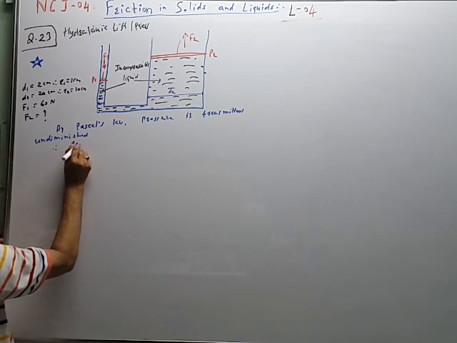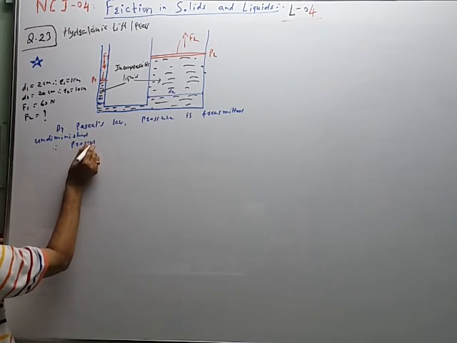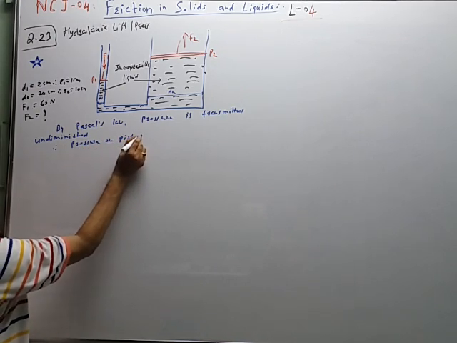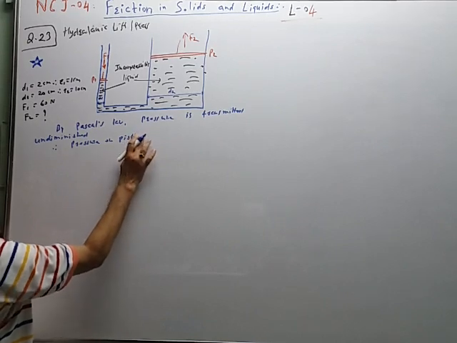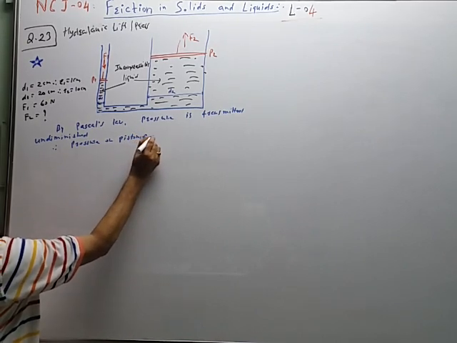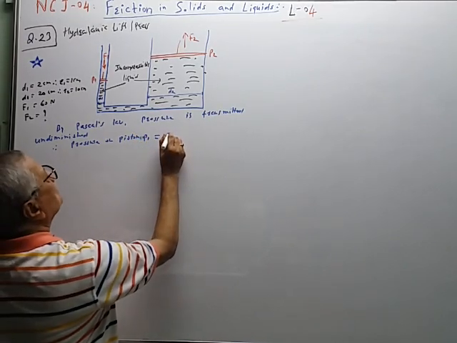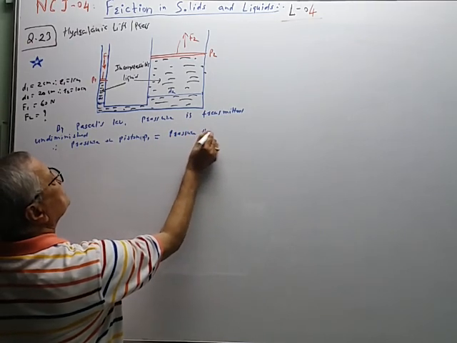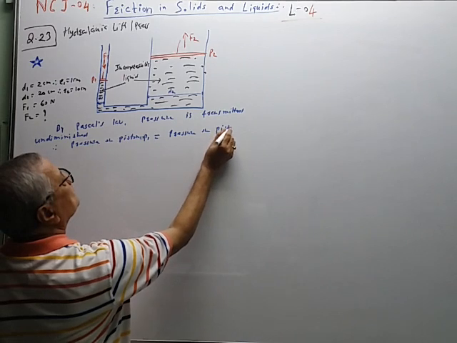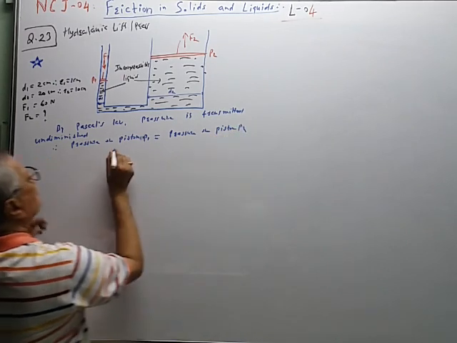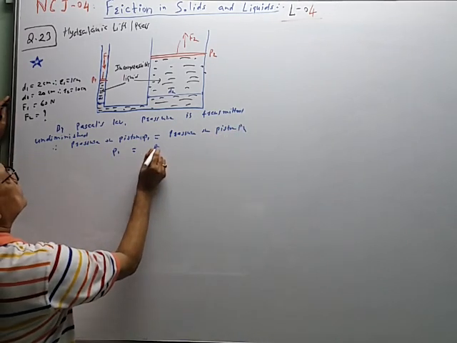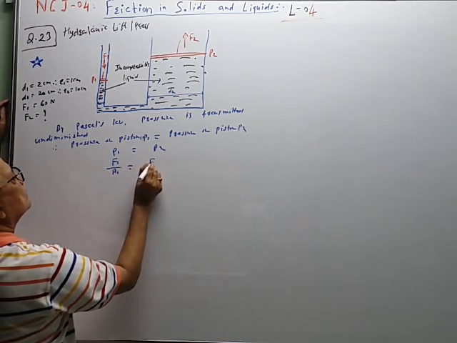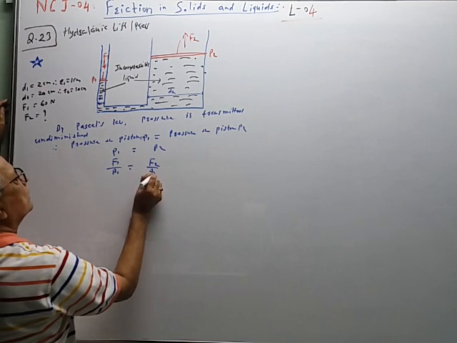Therefore pressure on piston P1 is equal to pressure on piston P2. Therefore P1 is equal to P2. Therefore F1 upon A1 is equal to F2 upon A2.